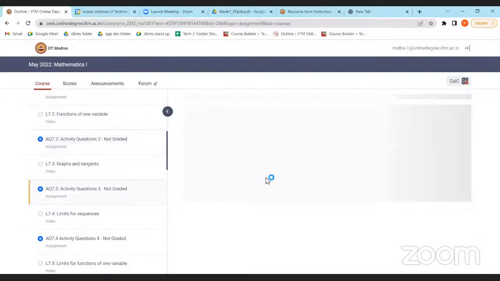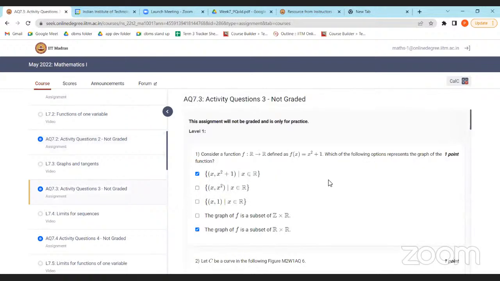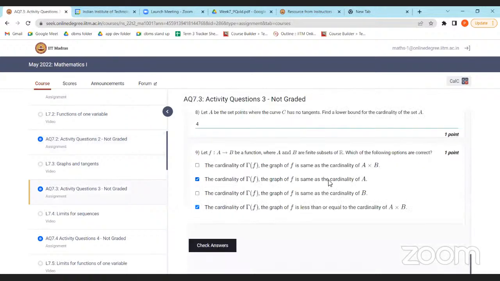Sir, Activity 7.3, question number 9. Sir, I'm not able to understand this. Cardinality means the number of values it can take, right? If a function is defined from A to B, where A and B are finite subsets of R, then which of the following are correct?